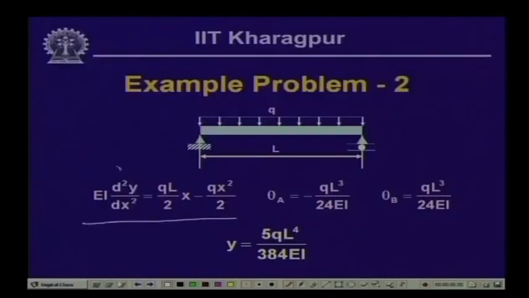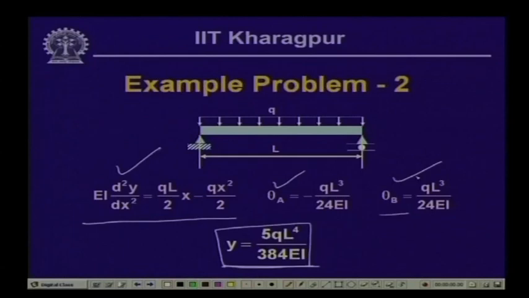Consequently we evaluated the deflection, and this is the expression for the differential equation. Then subsequently we came up with the value of y at x equals L by 2 as this, and correspondingly the values of theta a and theta b are this.